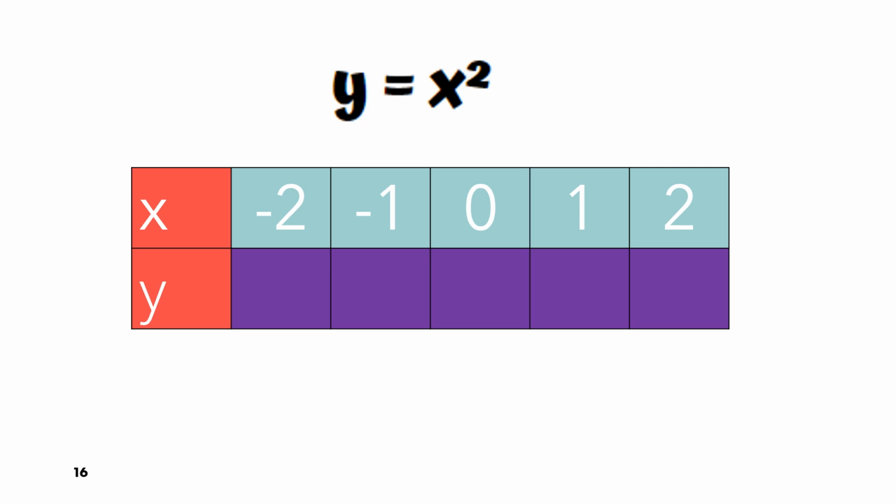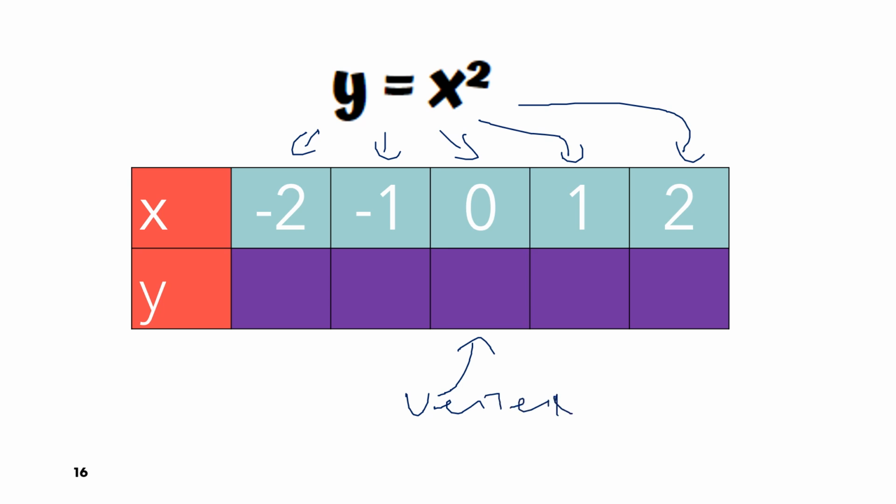It's our parent quadratic function. In this course, we're giving you all the ranges, or the x values. In more advanced courses, you have to come up with these on your own, and there's a formula to figure out the vertex. But for this course, the vertex is always going to be whatever is in the middle. So this right here is your vertex.